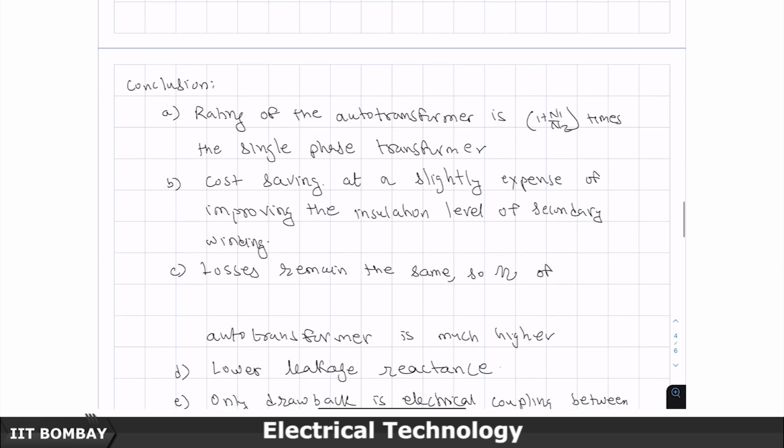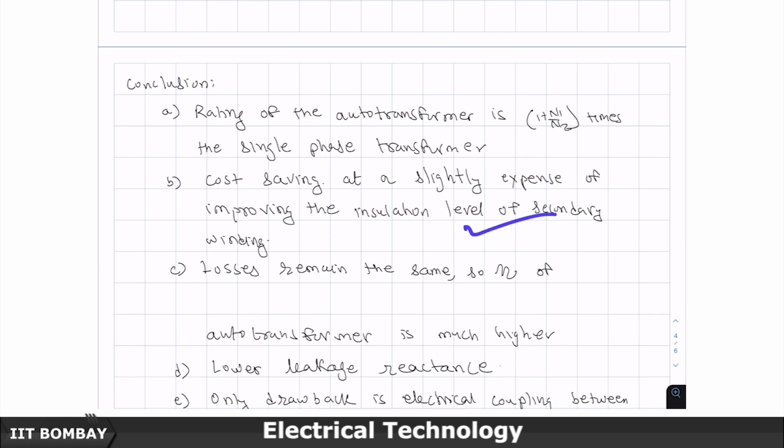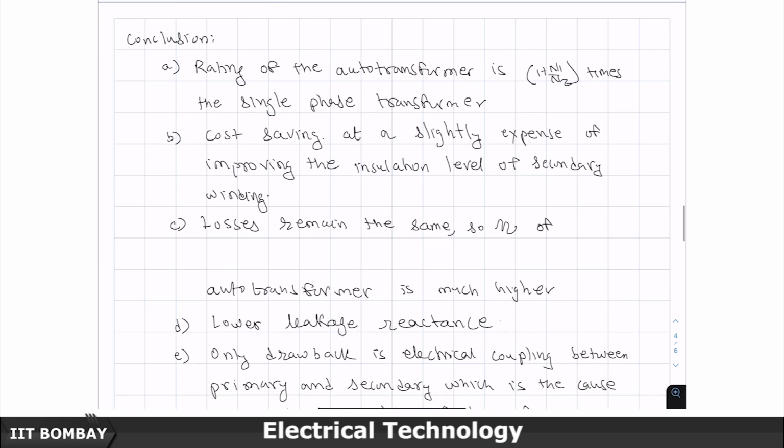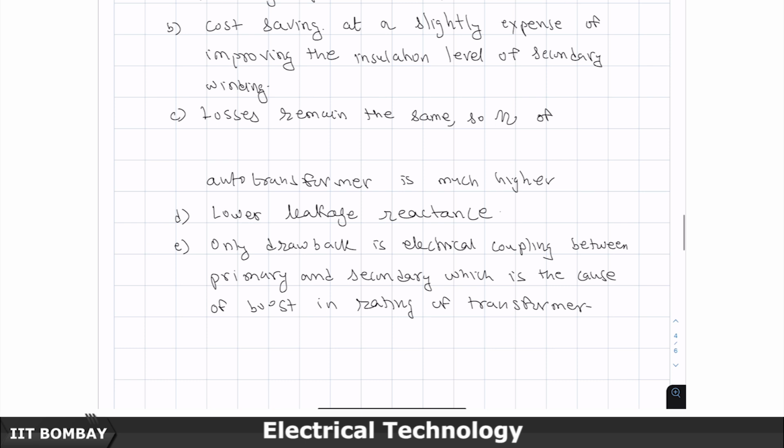So there is a slight expense of improving the insulation level of the secondary winding. Losses remain the same, so the efficiency of the autotransformer is much higher, and there is lower leakage reactance. Usually that is the way they are built.